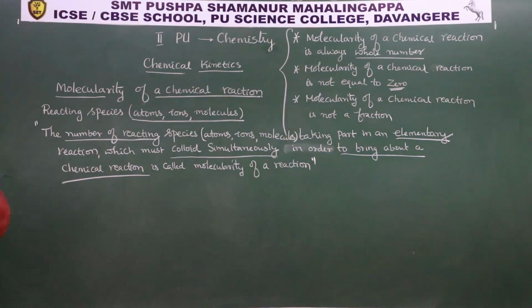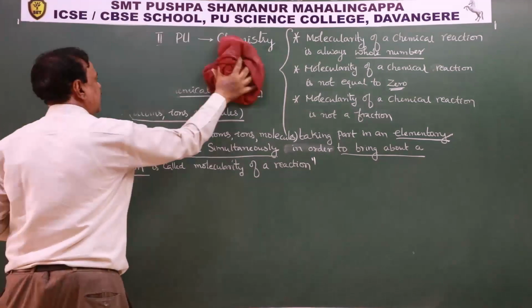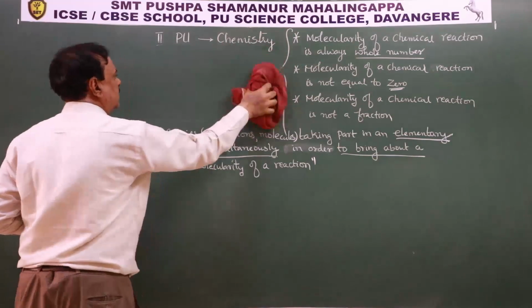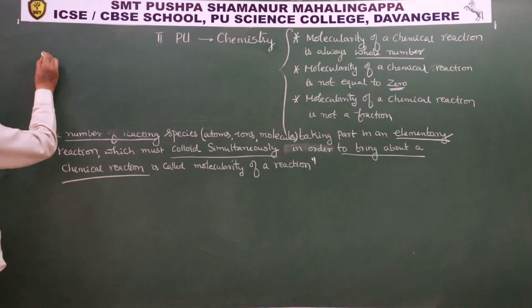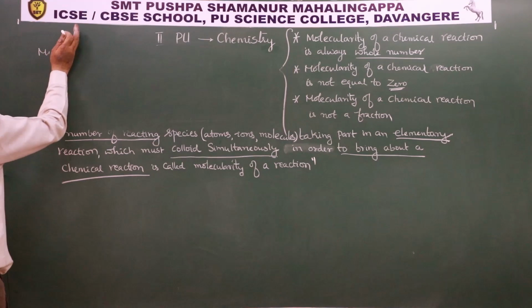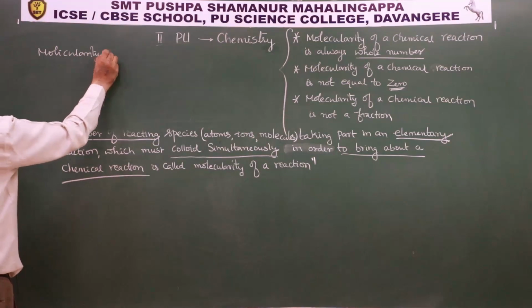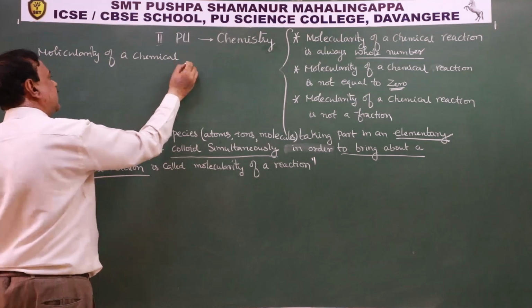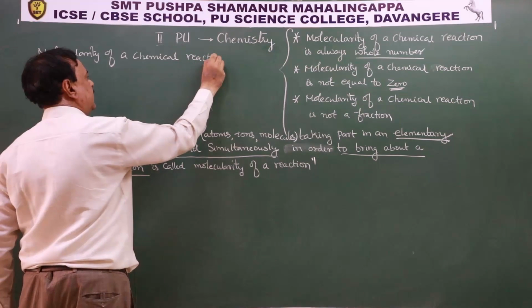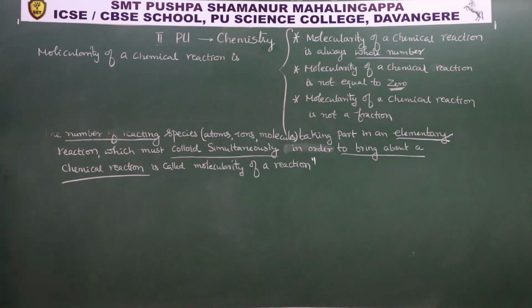Okay? Then molecularity of a chemical reaction is further classified into unimolecular, bimolecular and trimolecular chemical reactions.